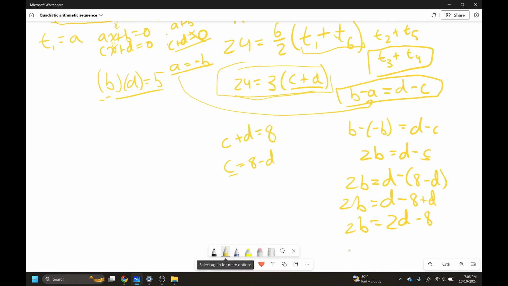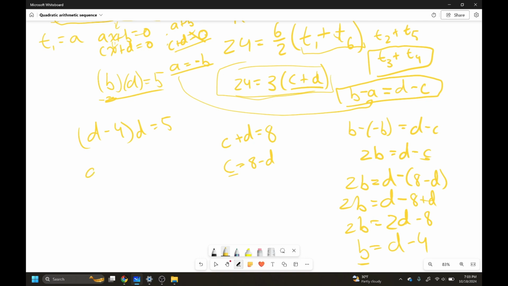Now we can divide by 2 over here, so we get b is equal to d minus 4. So now we can plug in b over here, and we can say that d minus 4 times d is equal to 5.